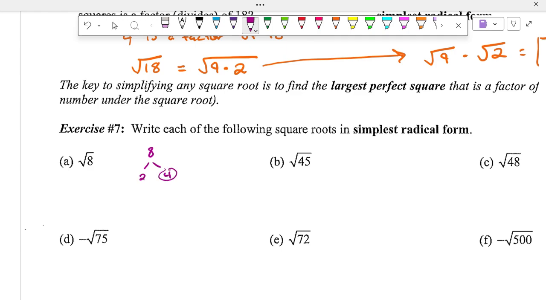Yep, the 4 is. So we can rewrite this as square root of 4 times square root of 2. So what's the square root of 4? 2. And then we're left with the square root of 2 because we can't simplify that. So the square root of 8 simplifies down to 2 times the square root of 2.